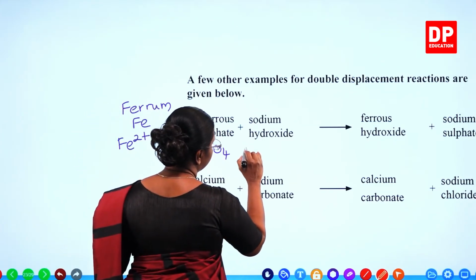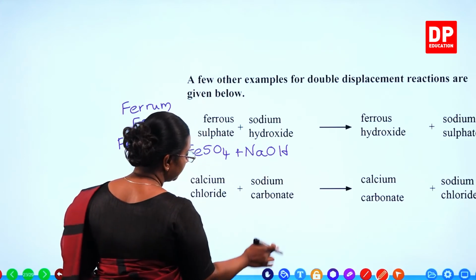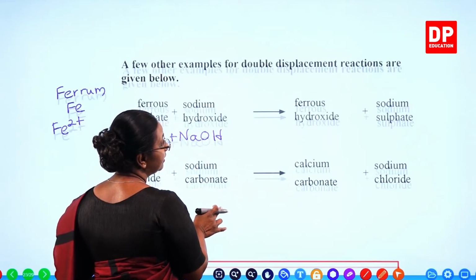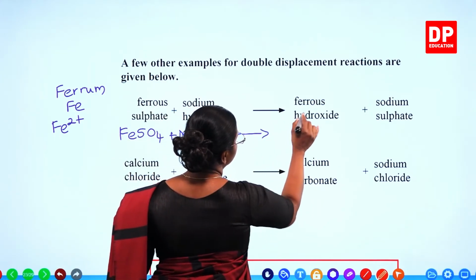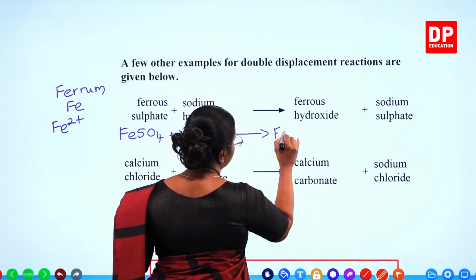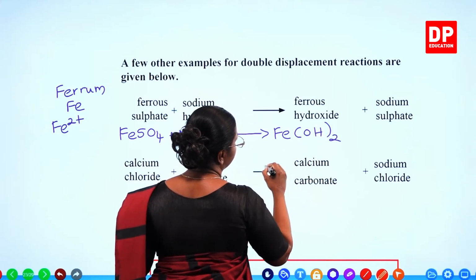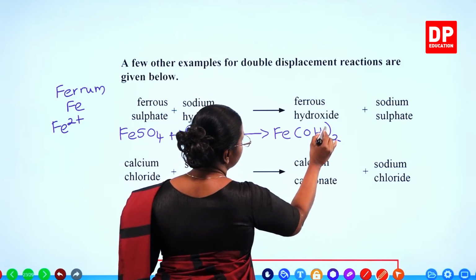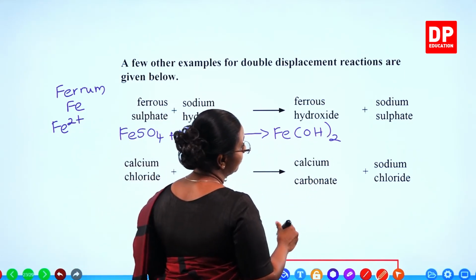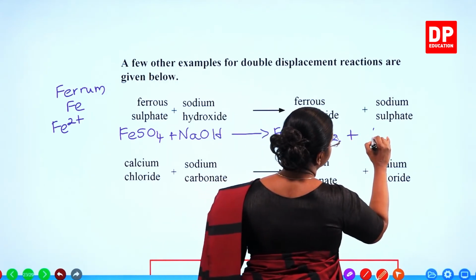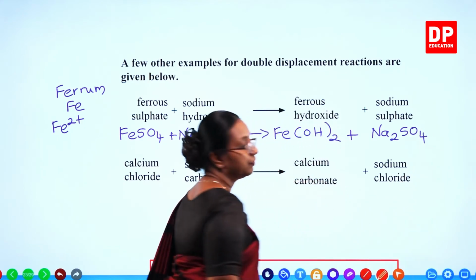And sodium hydroxide, NaOH. So when we look at the equation, they give rise to ferrous hydroxide, Fe(OH)2. You know that because this has 2 plus, OH has minus, so 1 valency, it's Fe(OH) twice. And sodium sulfate, Na2SO4.